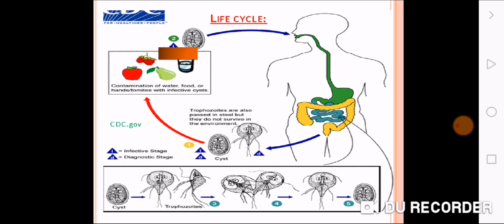The life cycle starts, as we said, when a subject ingests the cysts. These cysts are infectious directly when they are passed in the stool. So directly these cysts are mature and infectious, and therefore there is a risk of direct transmission of infection between persons.